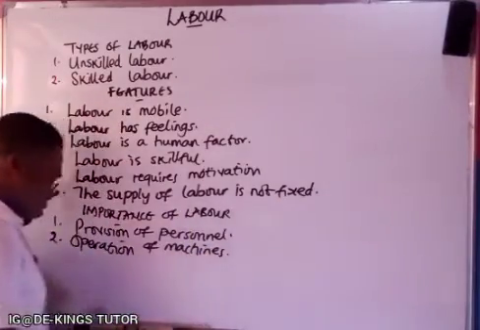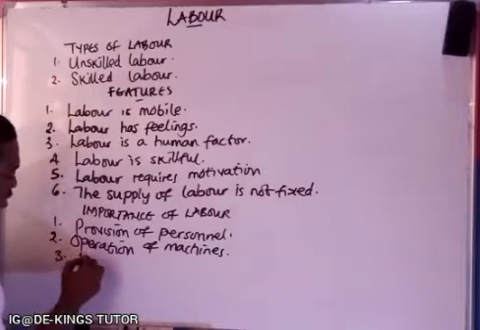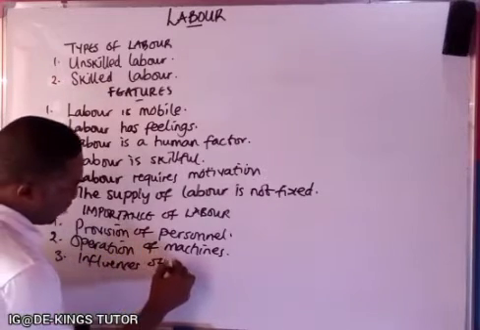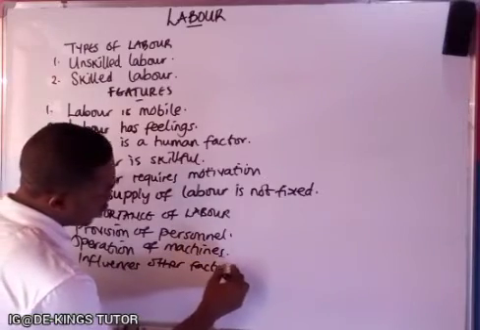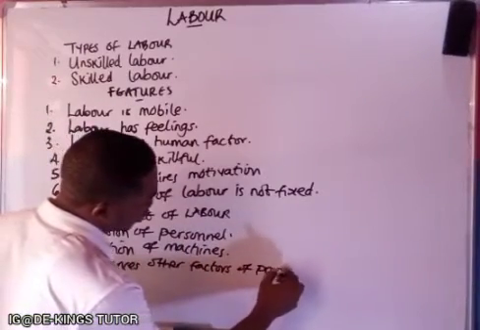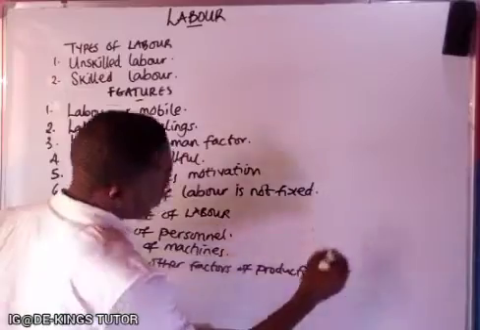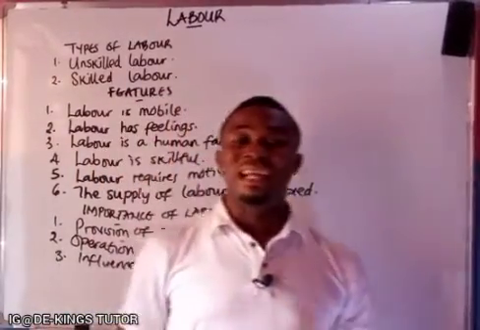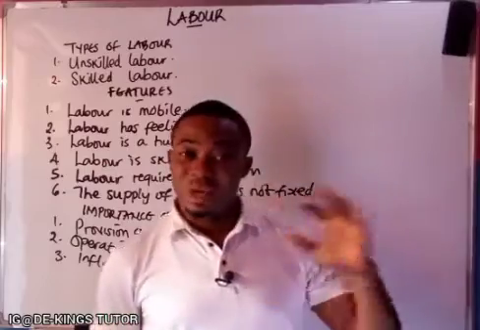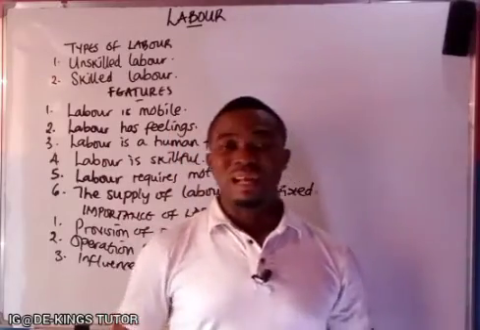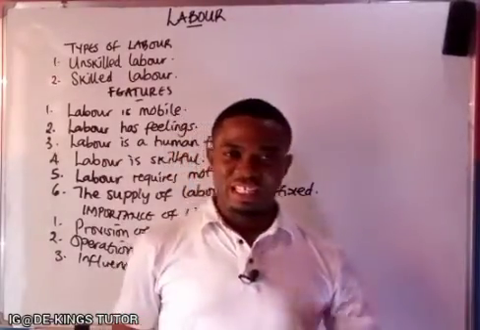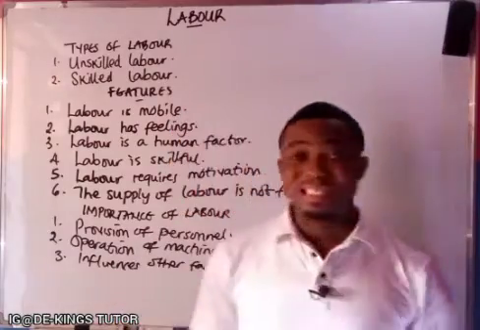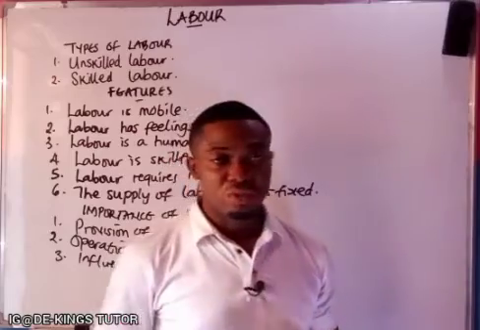The third one: labor influences other factors of production, because if it is land and capital without labor, they will remain idle. It's labor that has an active part to play among the factors of production.